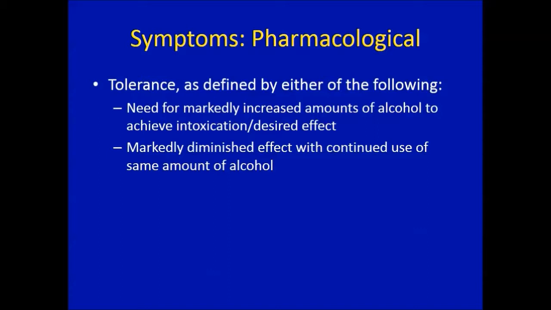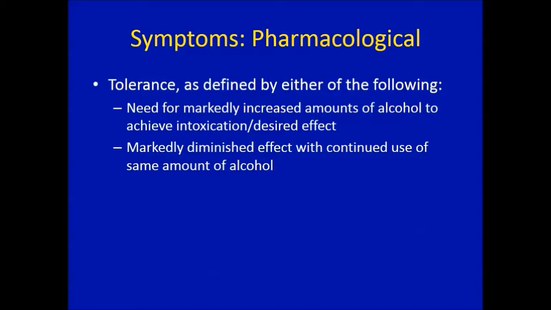Another way that you can meet this criteria is by maintaining the same level of alcohol use, but experiencing diminished intoxicating effects. So for example, that same individual might continue to maintain their initial level of alcohol use.